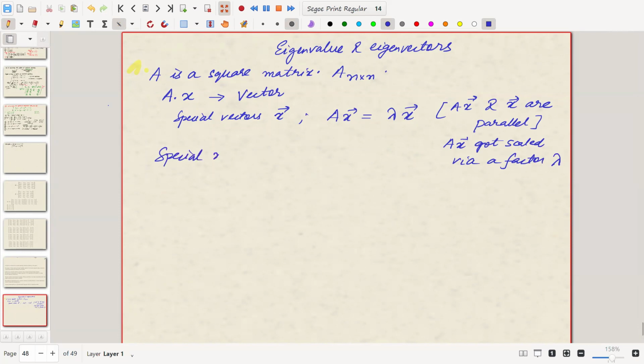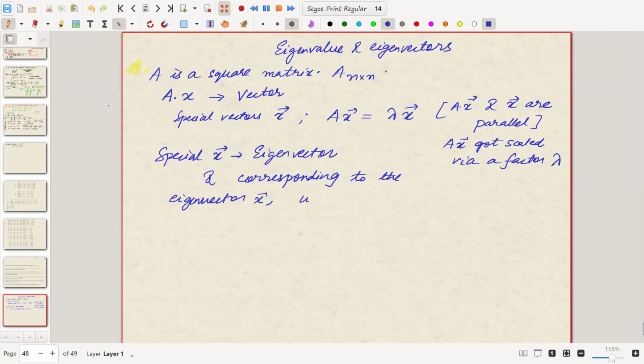So this special x bar for which Ax equals lambda x happens is known as an eigenvector, and corresponding to the eigenvector x we get a constant, that is lambda.